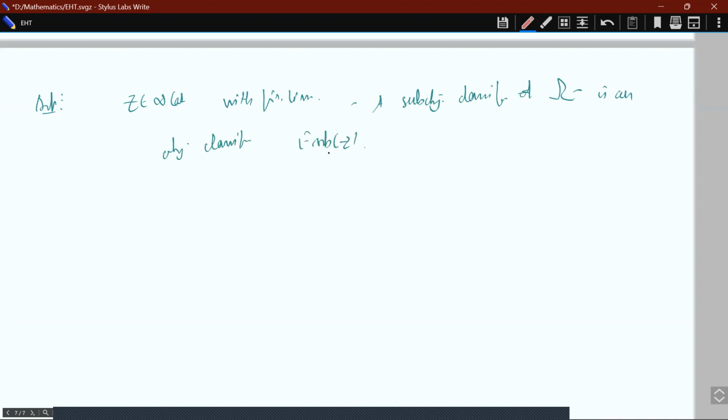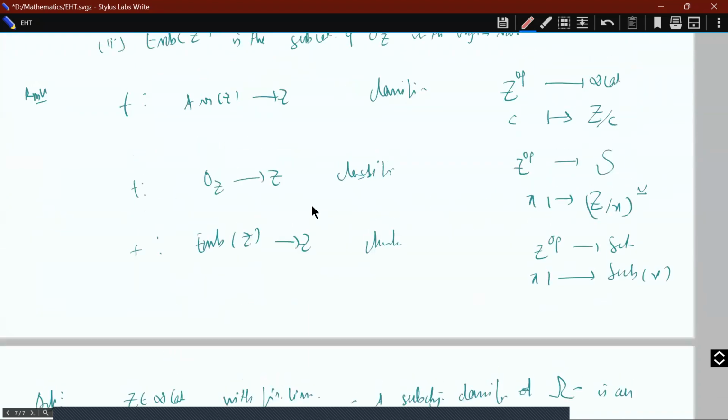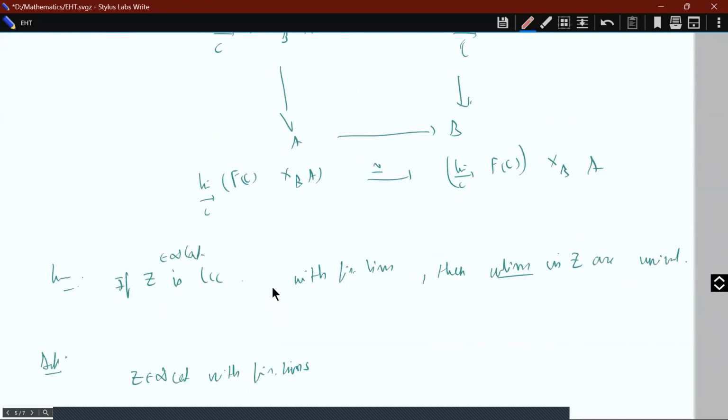Think about it: in this category the objects are just the monomorphisms, the monic maps, and the morphisms are the pullback squares. The way we define a subobject classifier should be quite an obvious choice.